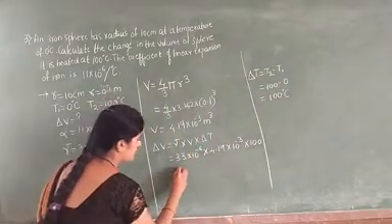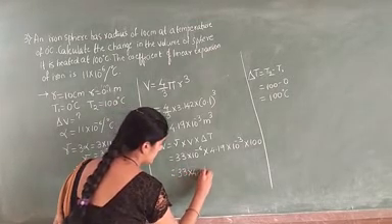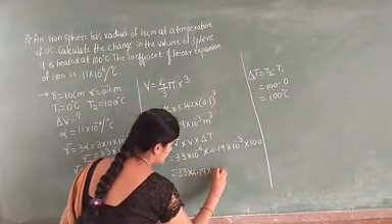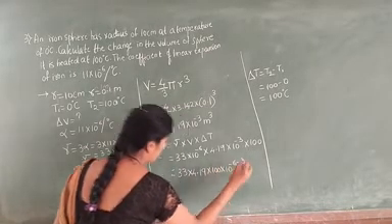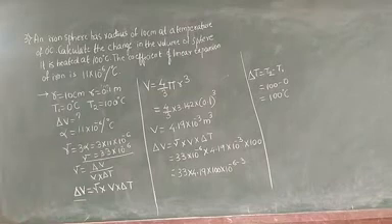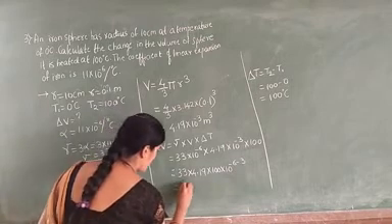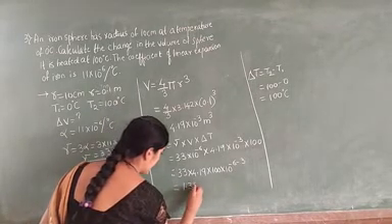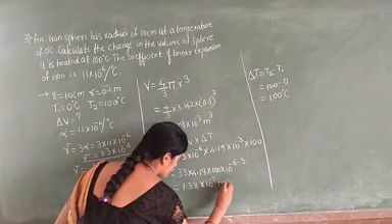Now the calculation part, 33 into 4.19 into 100 into 10 raised to minus 6 and 10 raised to minus 3. Therefore, the value of delta V is equal to 1.38 into 10 raised to minus 7 meter cube.